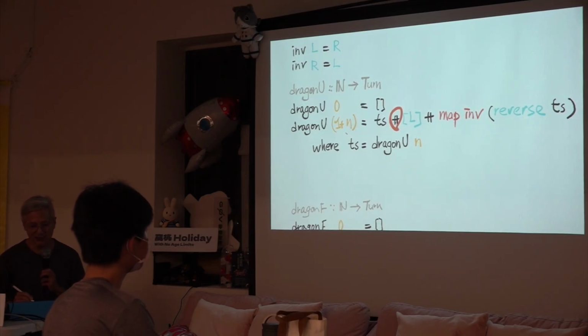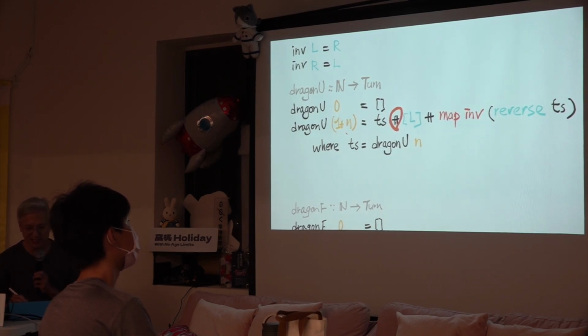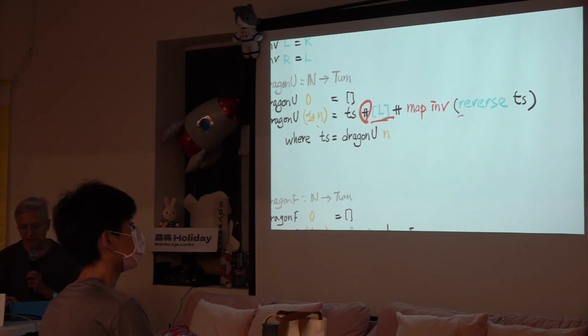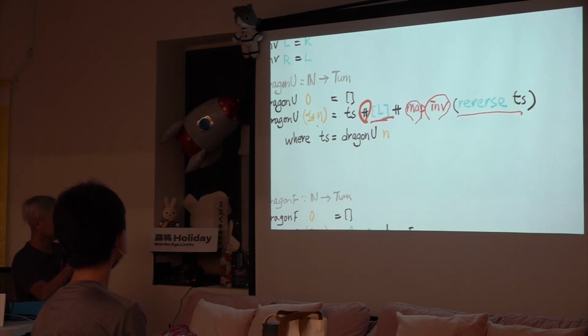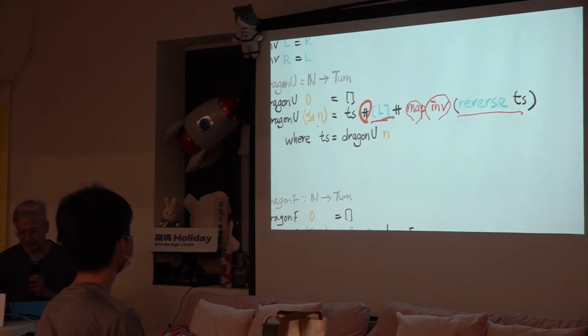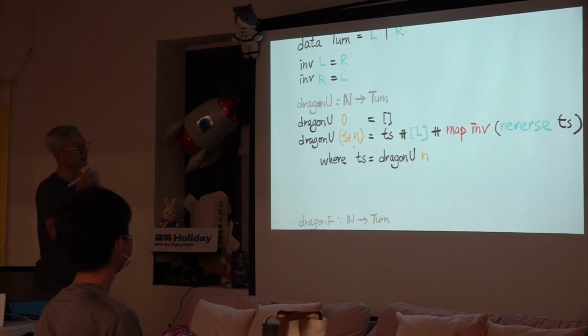So PS, the previous curve, is concatenated with L, and then reverse is a function which takes the list and reverses it, and map applies a function to every member of the list. That's how this unfolding approach is written as a Haskell program.